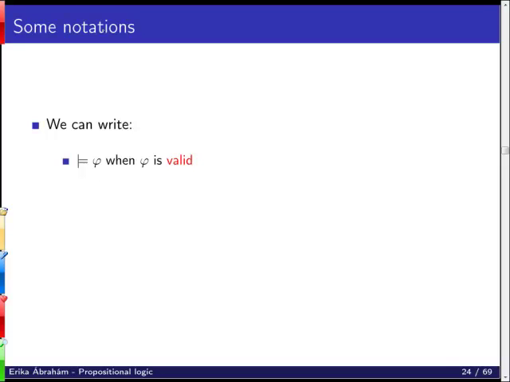Validity and unsatisfiability, or satisfiability. So if I can decide if something is valid, then what does it mean if the answer is false? That means phi is not valid. What is then phi? What kind of formula?